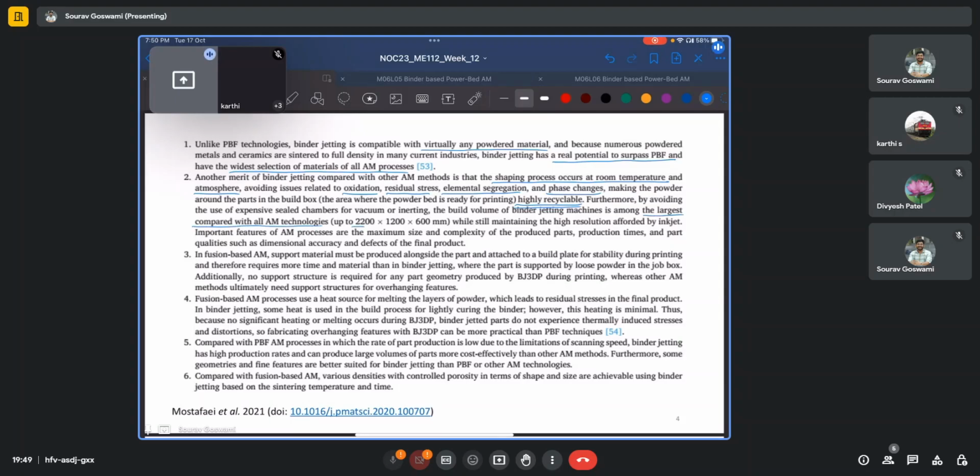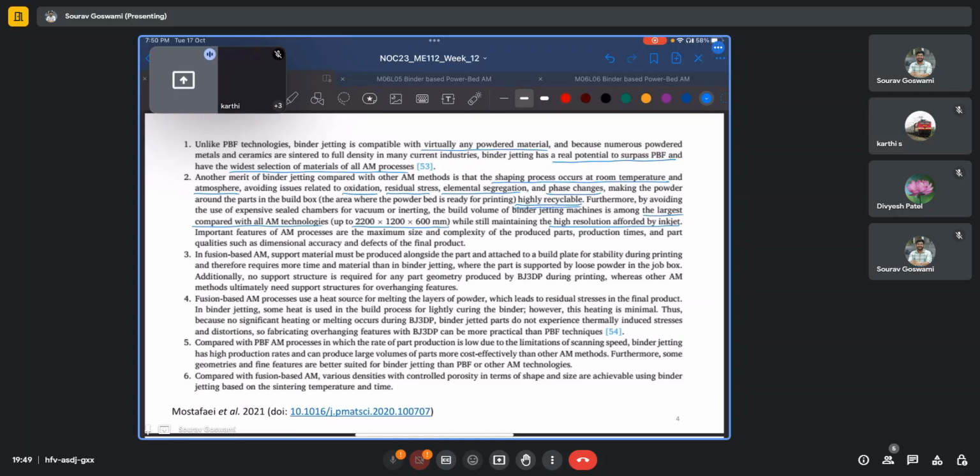It can be up to some 2.2 meters by 1.2 meters by 0.6 meters, while still maintaining the very high resolution afforded by inkjet. So we have both. We have the large build volumes, which can print very large parts, as well as the accuracy and the tolerance of very thin layers. This is perhaps not encountered in any of the other processes.